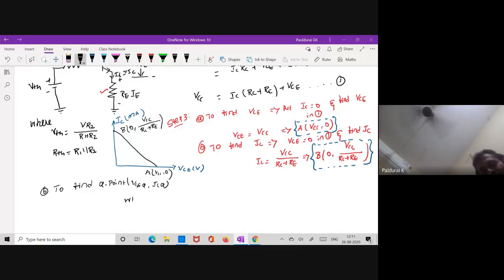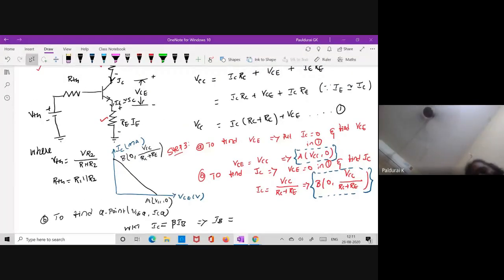Again the same procedure. We know that IC equals beta times IB. In order to find IB, you apply KVL at the input loop. Can you write IB by yourself this time without solving?